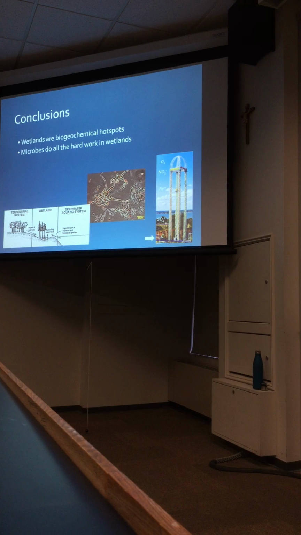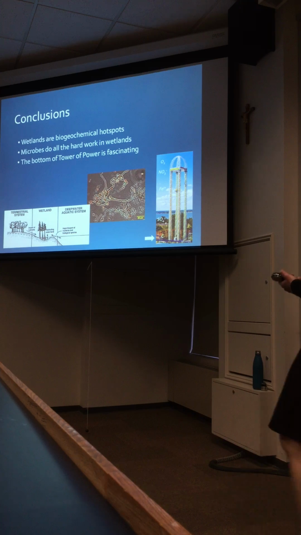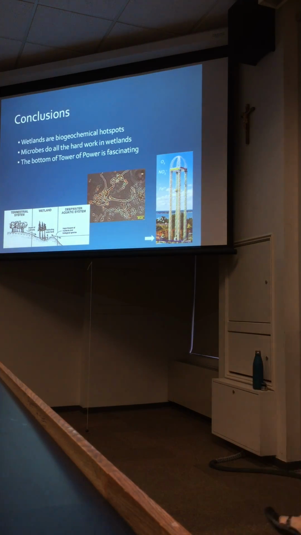I also hope that I've convinced you that the microbial warfare in this system via the Tower of Power is as exciting as Roman gladiatorial combat, and that we should all spend time thinking about the bottom of the Tower of Power, especially with regards to methane. And then lastly, studying relatively unimpacted systems like the Copper River Delta, where there are low nitrate levels, really matters.